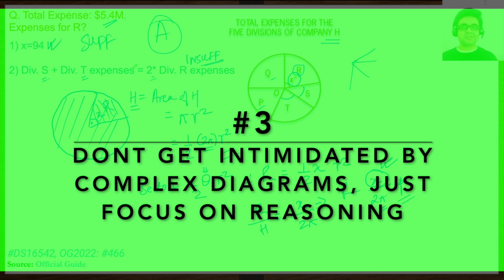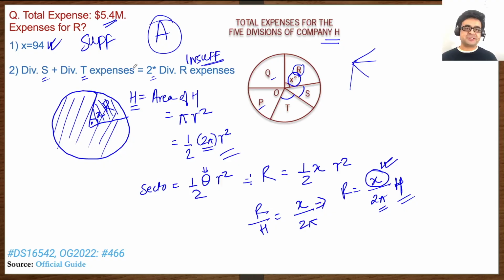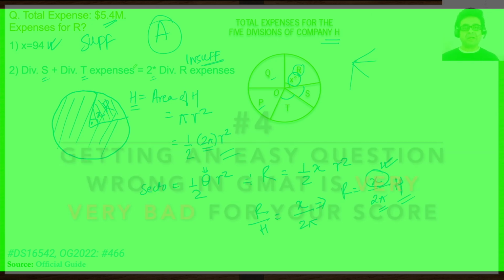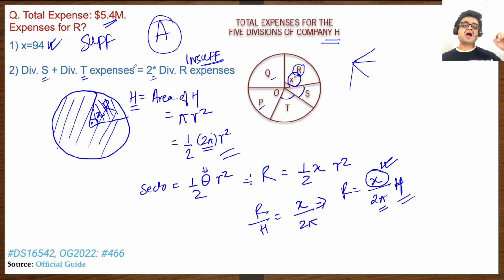Just by simple reasoning, you can solve most of the questions. And finally, this is an easy question. Getting it wrong in the GMAT exam would result in a bigger penalty than getting a higher difficulty level question wrong. It is very important that when you get simple questions, you knock them out of the door and get them right to move on to the next level of the computer adaptive test.